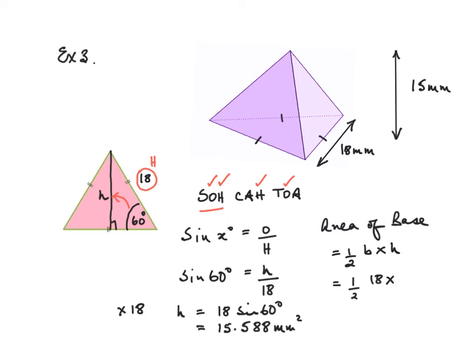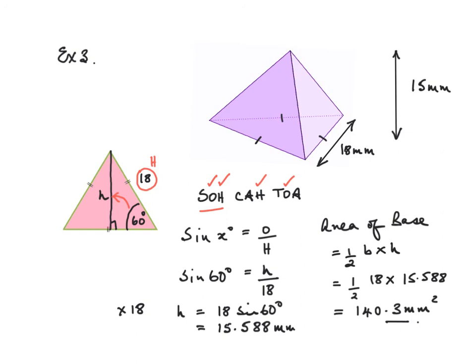So that's the height that we just calculated, that's 15.588. That gives us 140.3 millimetres squared. So all of that working was in order to calculate the area of the base of our pyramid.